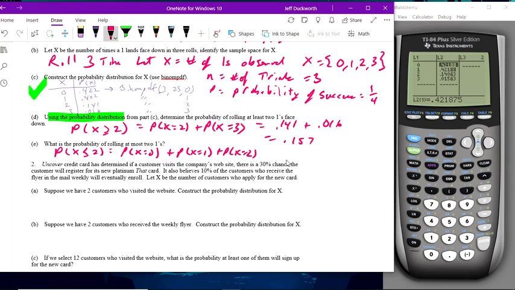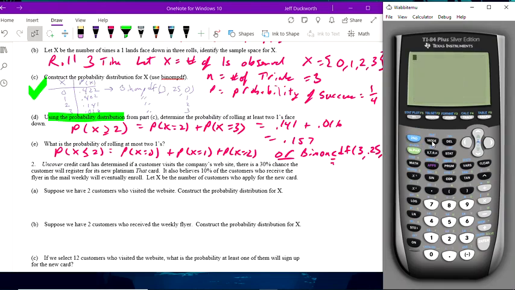We can do these and just add them up, or we can do binomcdf of 3, 0.25, and 2. So let's do that. Let's quit out of this. Second vars. We want the binomcdf, with C for cumulative, so it's going to add all of those up.